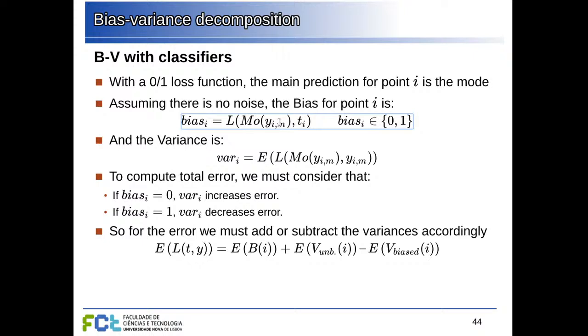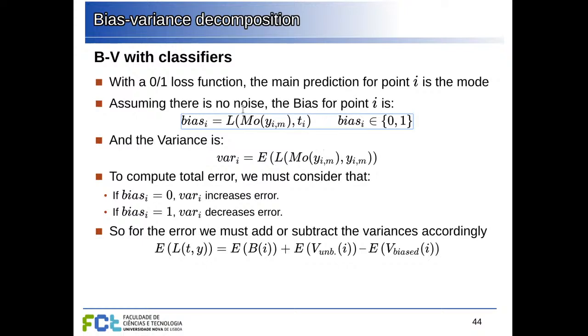So suppose we trained the classifier 50 times with 50 replicas, and now for each point we can see the majority vote of all those different hypotheses that we got. So this would be the mode for the classification and the true value, the true class of the point.